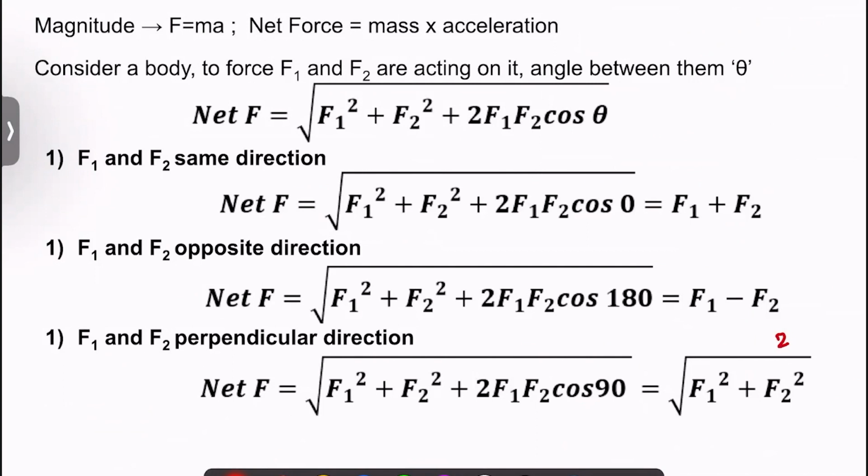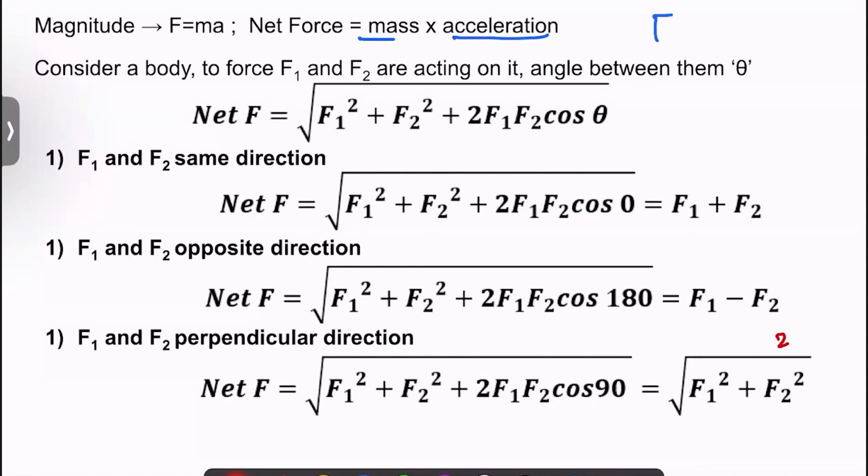Okay, so next thing, now we want to find the net force. Magnitude, we know, is force equal to mass times acceleration. That we know. This is about the magnitude. But what if we want to calculate net force if two forces are acting?